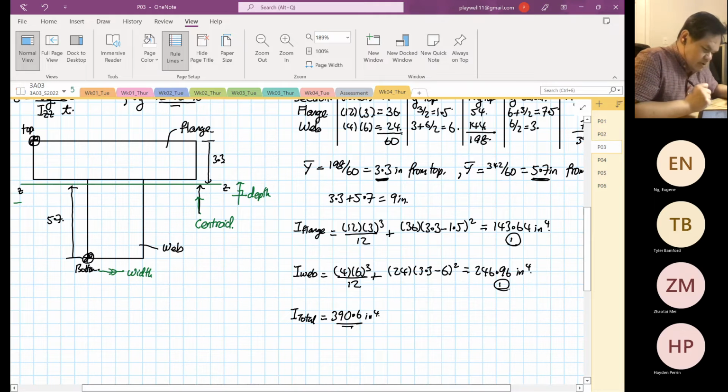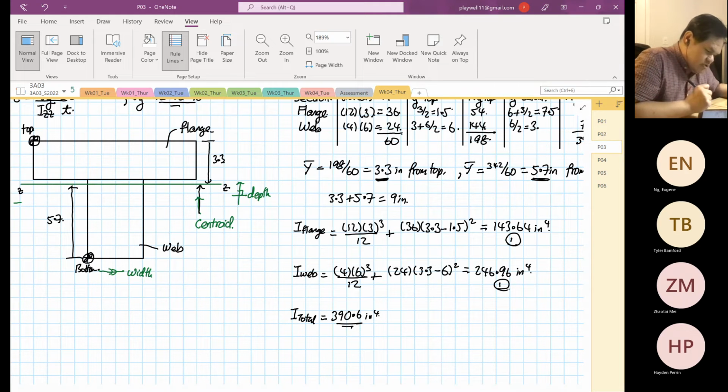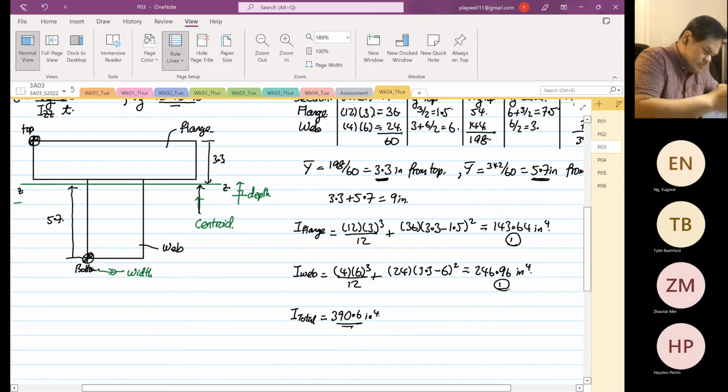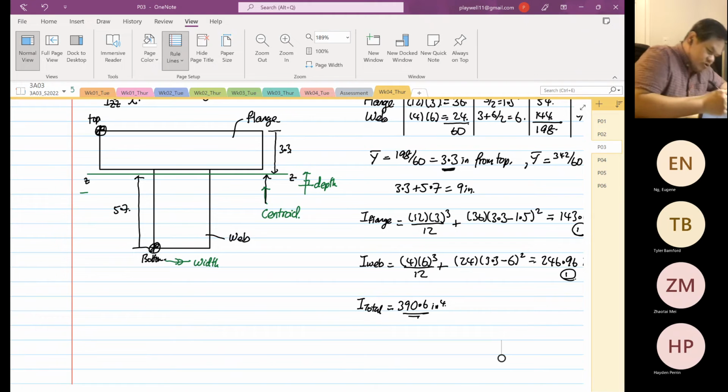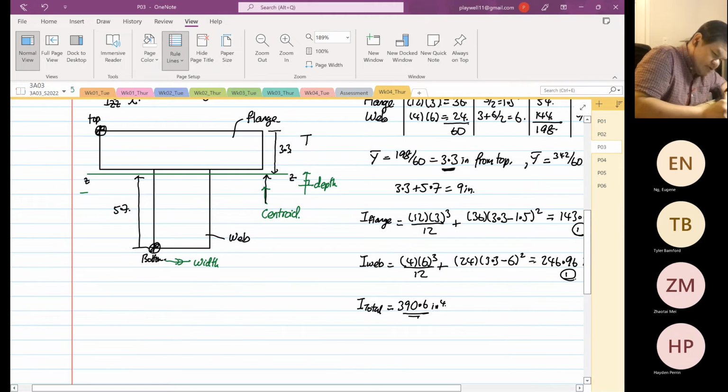So there are 2 ways that we can do this, which I want you all to be really, really comfortable with. We can analyze from the top or from the bottom. I call the section above the centroid the top, the one below the bottom.